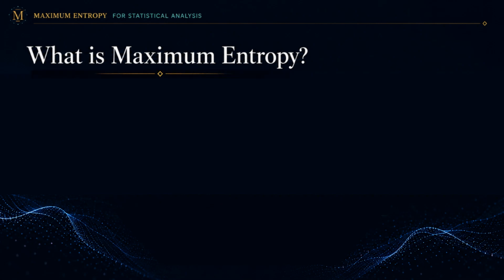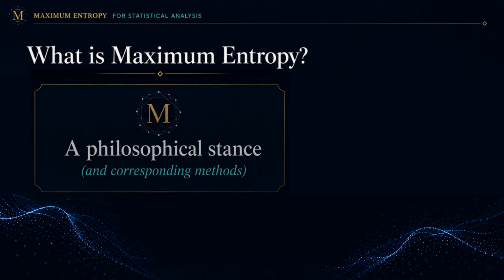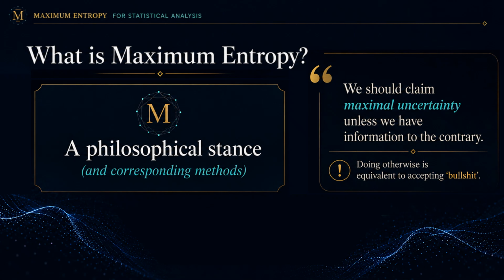So now we can discuss what maximum entropy is. I'm going to say that maximum entropy is a philosophical stance and corresponding methods. Okay? And what is that philosophical stance? It is that we should claim maximal uncertainty unless we have information to the contrary. Okay?